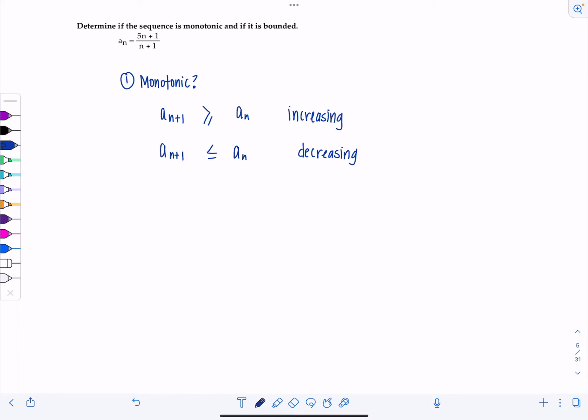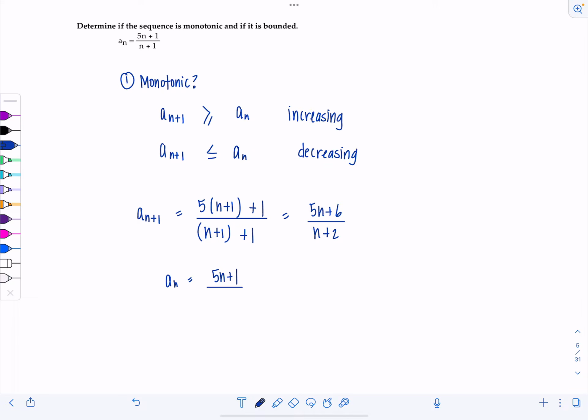So let's see here. a_(n+1) would be 5 times (n+1) plus 1 over (n+1) plus 1. So what's that? 5n plus 6 over n plus 2. And then if I compare that with a_n, which is 5n plus 1 over n plus 1, it's not obvious that one is always bigger than the other.